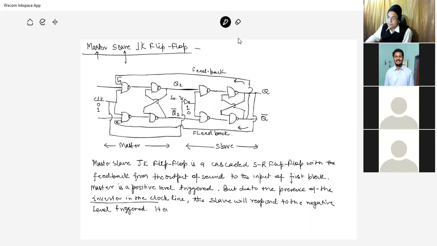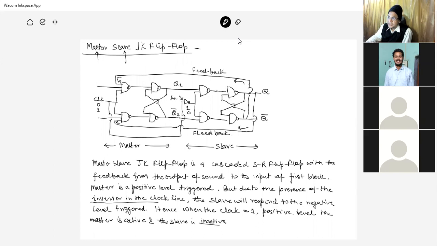Hence, when the clock is equal to 1, positive level, the master is active and the slave is inactive.